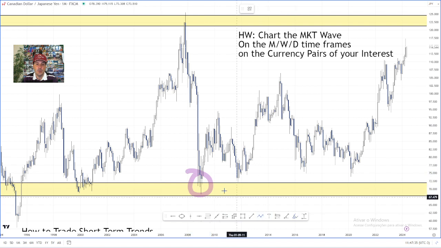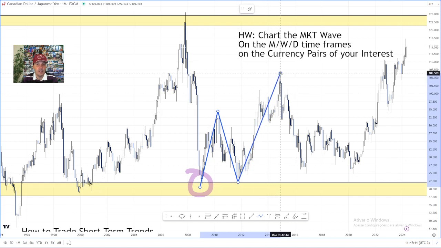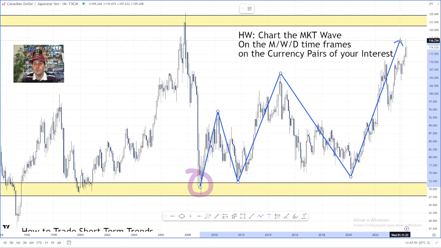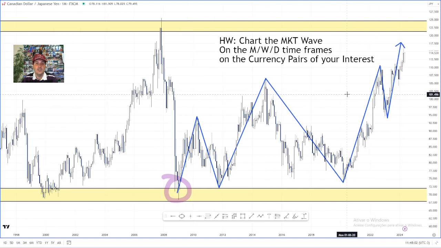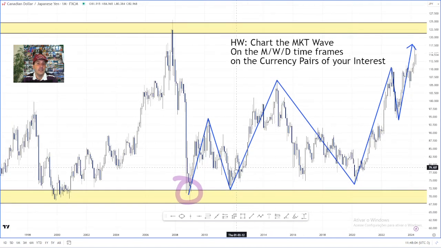So the market wave is extension, retracement, higher low, extension, higher high, retracement, higher low, and up to here. Or maybe we can do it like this, right? Higher high, higher low, and now it's up in here. All right, this is the correct market wave on the Canada JPY monthly chart.